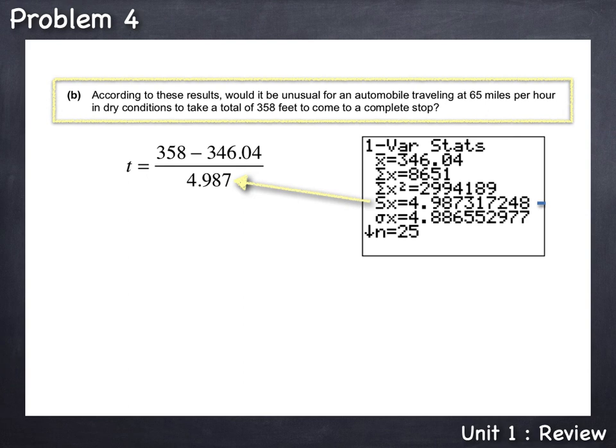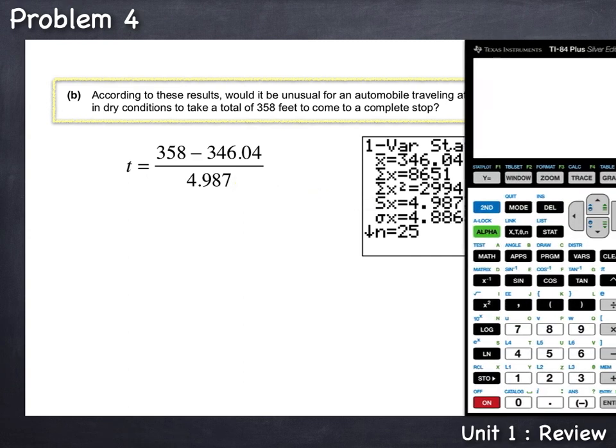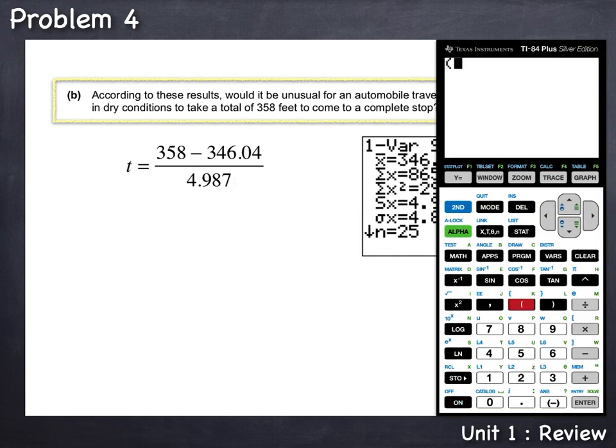So we can calculate the standard score in a calculator by first grouping the numerator and going left parenthesis, 358, subtract the mean, 346.04, close parenthesis, divided by the standard deviation of 4.987. Enter.